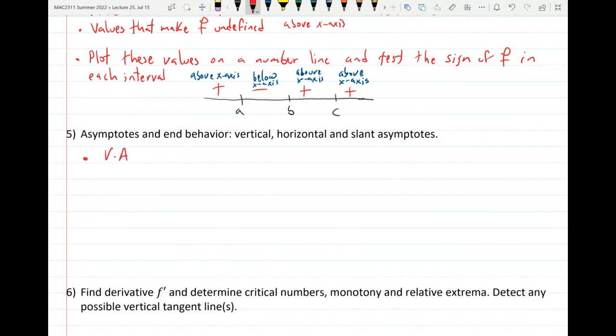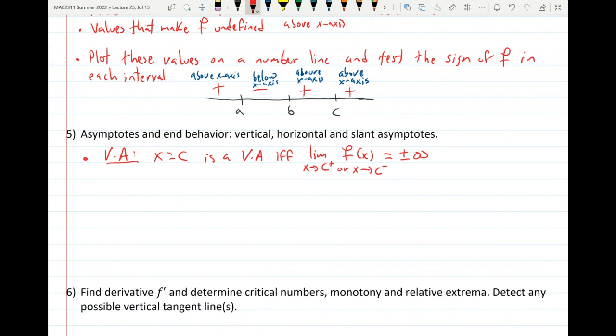So in the case of vertical asymptotes, we have discussed this. Remember, a number x equals c is a vertical asymptote if and only if when you take the limit as x approaches c from the right or from the left, one of the two side limits of the function gives you either a positive or a negative infinity.